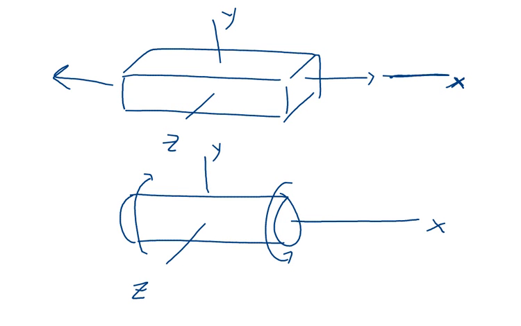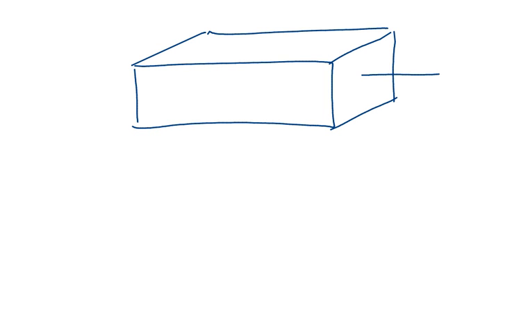Okay, so let's take a look at the rod first. What that means, if I define my coordinate axes by x, y, z for tension or compression, is that when I look at how this rod is going to deform, I want to draw a square.